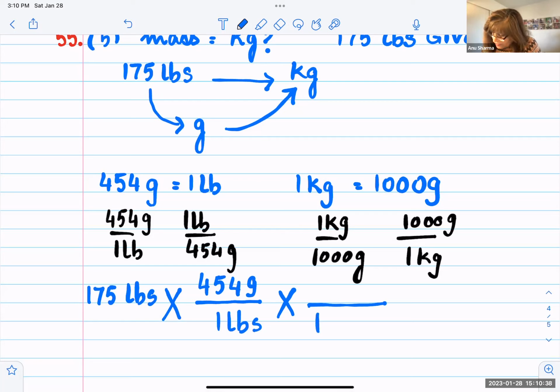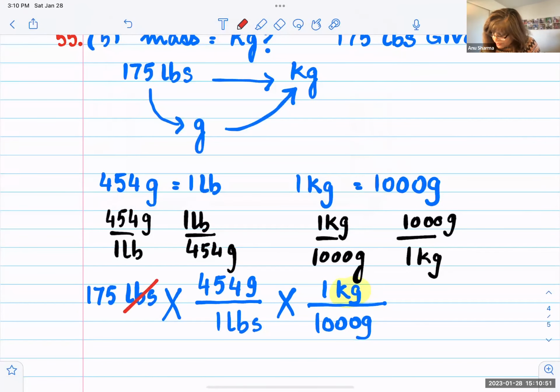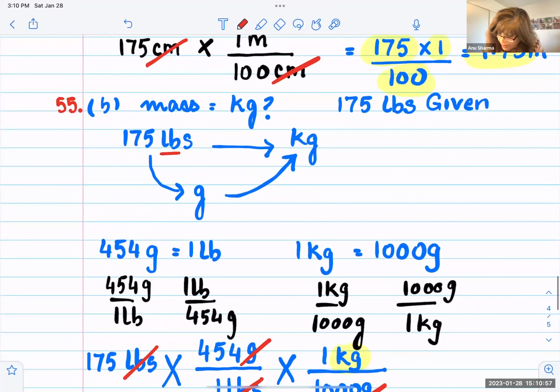We know that 1000 grams is equal to 1 kilogram. Our final unit that we want is the kilograms, and the rest of them have to all cancel out. So you see pounds and pounds cancel out, grams and grams cancel out. In other words, we have converted the pounds to kilograms by this method.